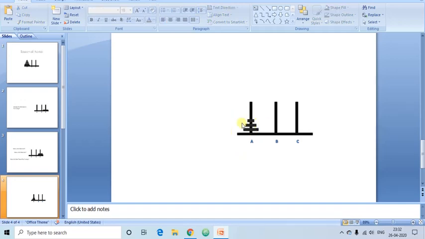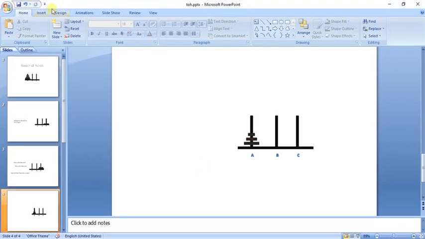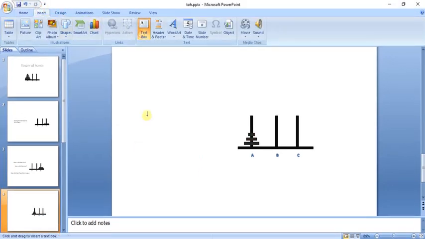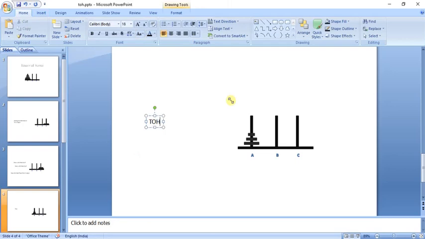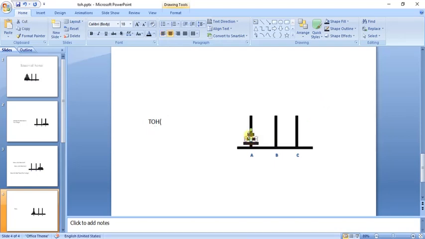So if we can provide a function that can move two, let's say there's a function called Tower of Hanoi. First we can move here two, this one and this one. Let's say moving it from A to B.